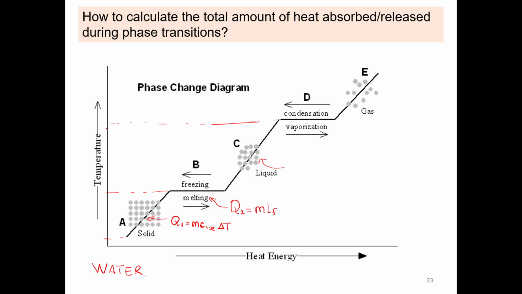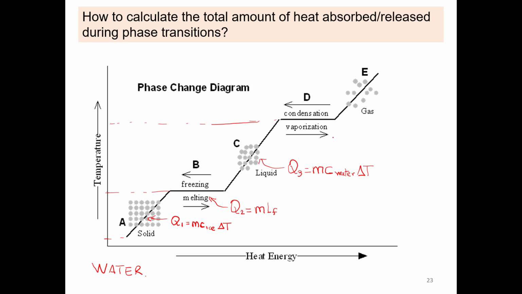We apply the delta T, the change in temperature from this point to this point. In this case the heat will be the mass of the substance times the specific heat, but here we need to apply the specific heat of water, because it is liquid. I will just write water here, and then the change in temperature.